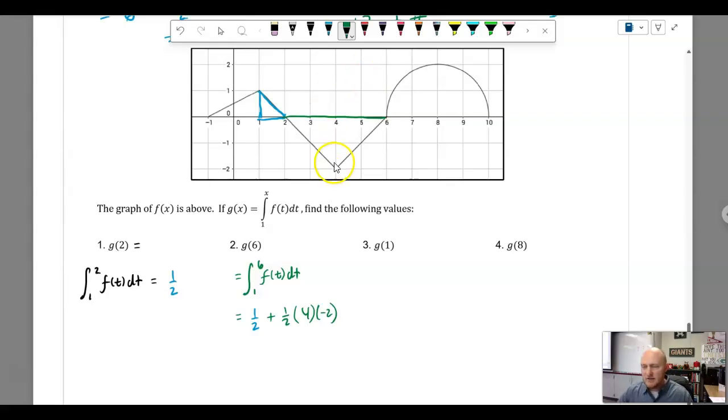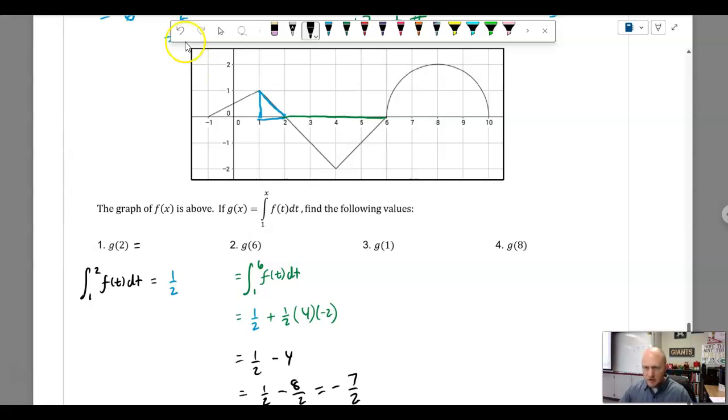That negative height we'll take care of, or you could just keep everything positive and know that it's going to be a negative area. So that gives us 4. So we end up getting 1/2 plus 4, which is the same thing as 1/2 plus 8. No, it should be minus 4. Minus 8 over 2, which is -7/2.